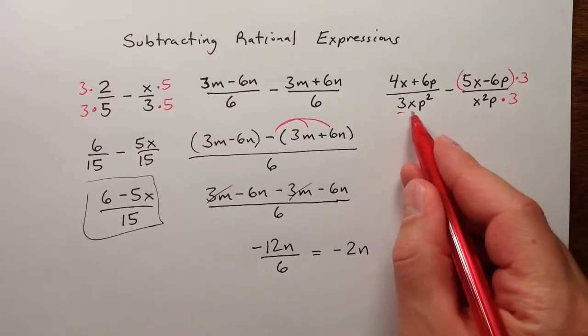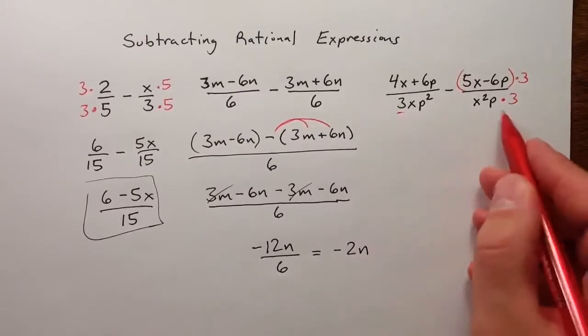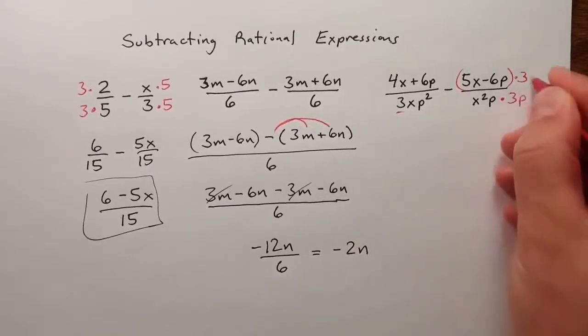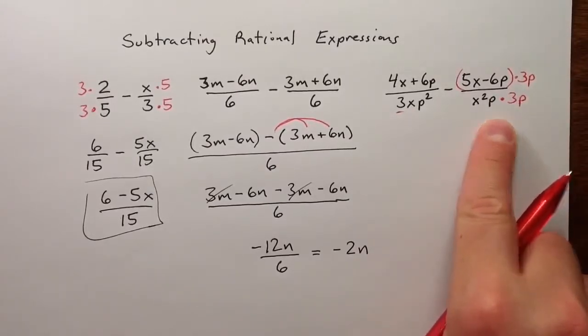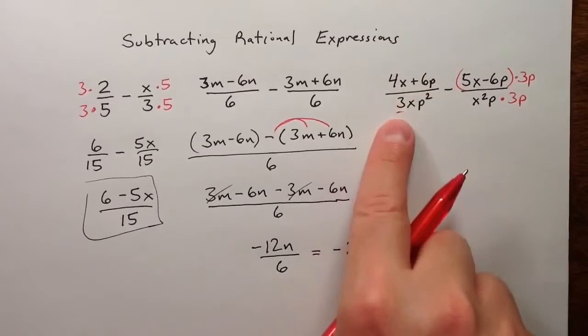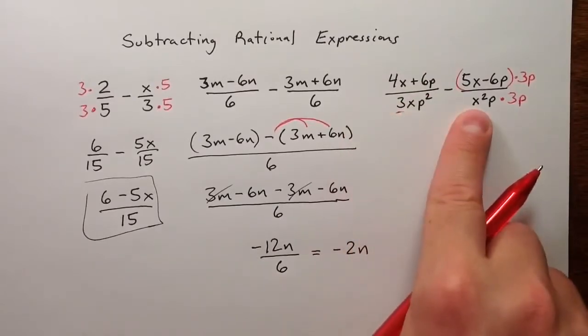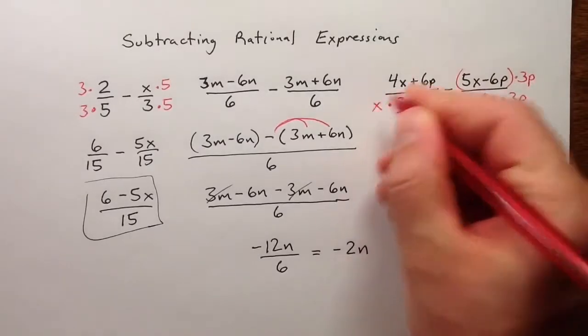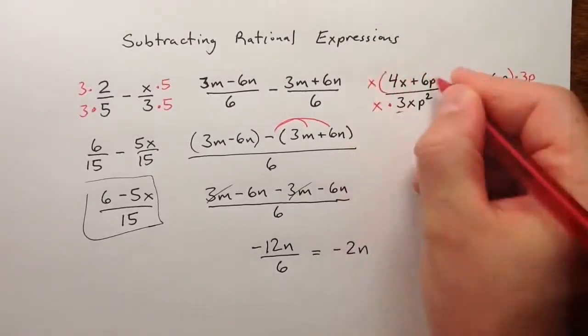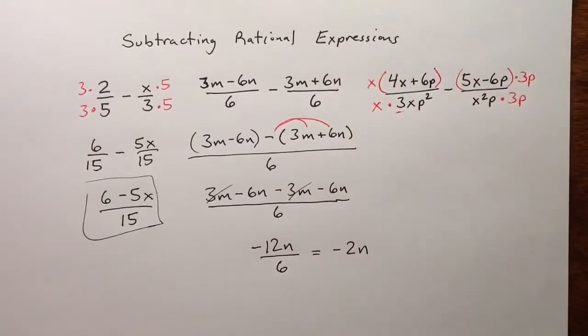And also there's a p squared here, and there's only a p in the second denominator, so I need to multiply the top and the bottom by p. And the first denominator only has one x, and over here I have an x squared. So I need to multiply both the top and the bottom by x for that first rational expression.